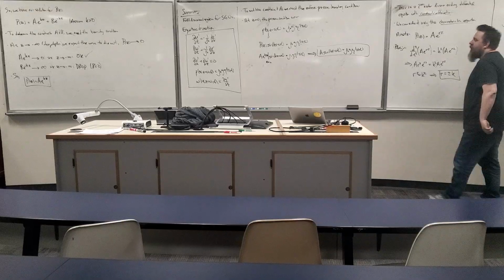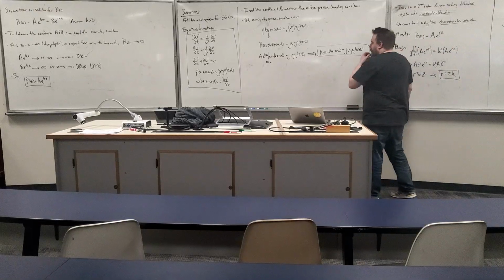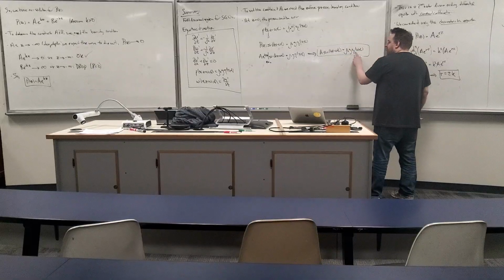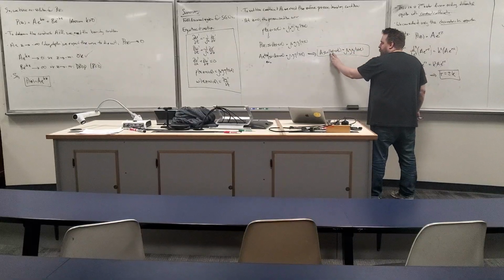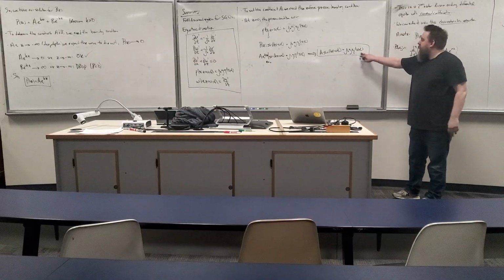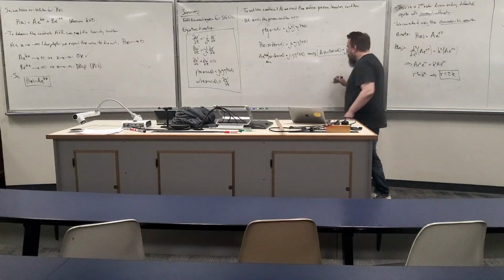What this tells us is that for this equation to be true, the left-hand side is a sinusoidal function of x and time, and so the right-hand side has to also be a sinusoidal function of x and time.